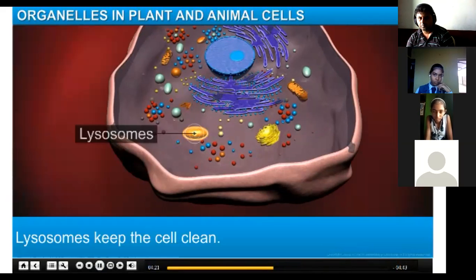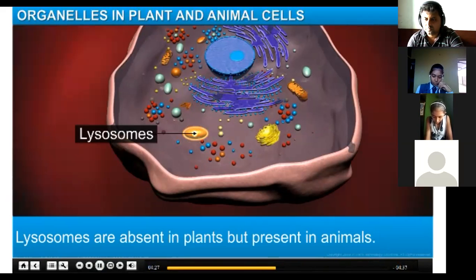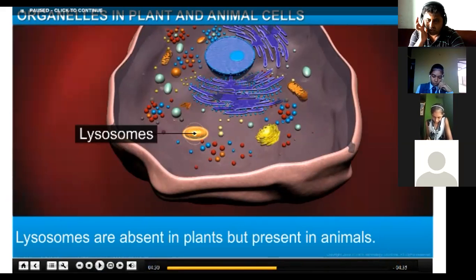These are lysosomes that keep the cell clean. They are usually absent in plants but present in animals. Take down. Lysosomes are absent in plant cells but present in animal cells. Very important point.